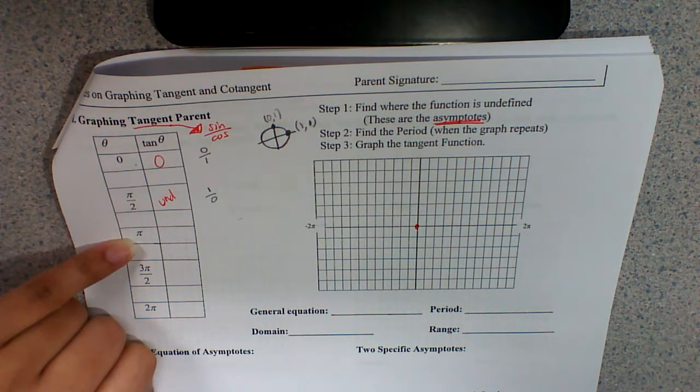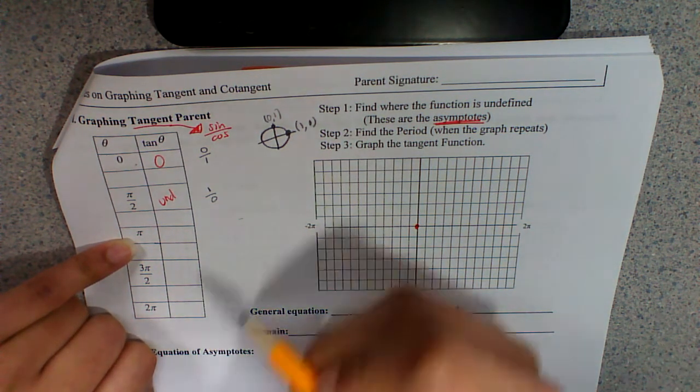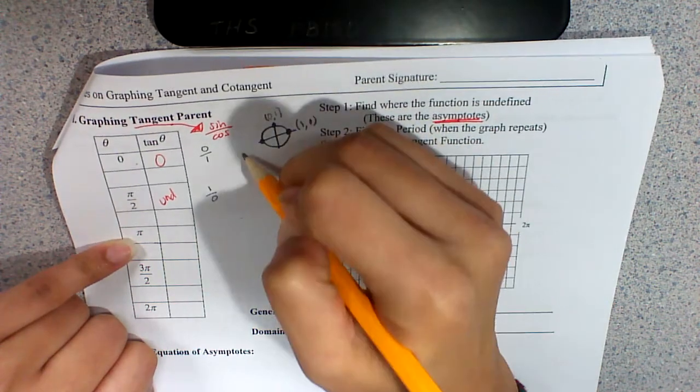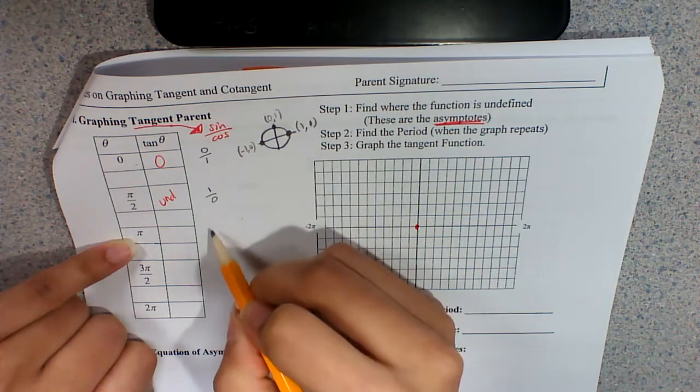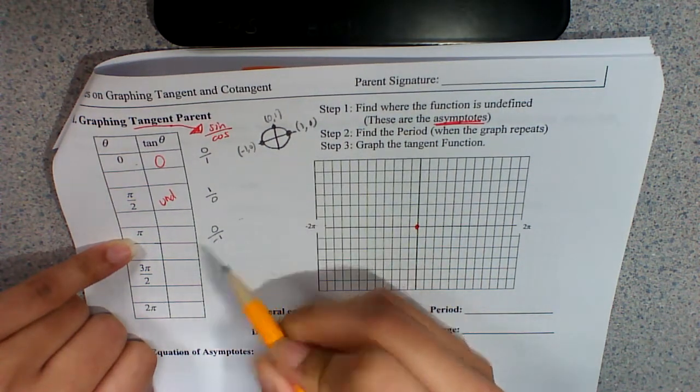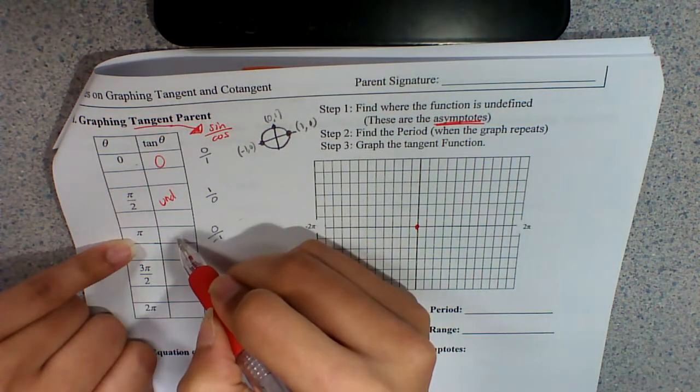Okay, the next one that's typed out for you is at pi. Now, pi is over here, and the coordinate there is -1, 0. So sine over cos would be 0 over -1, which is simply 0.